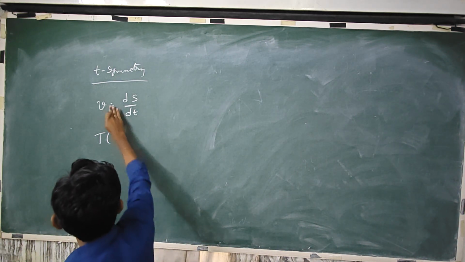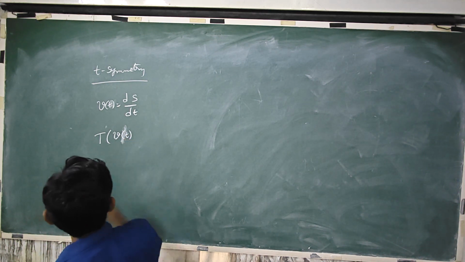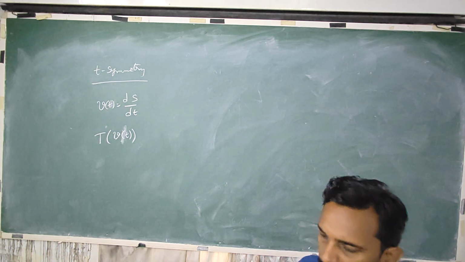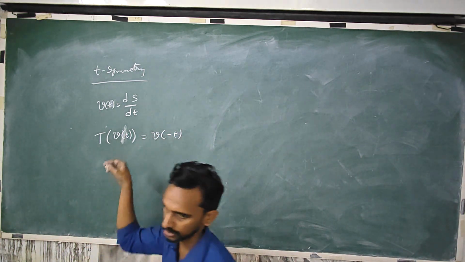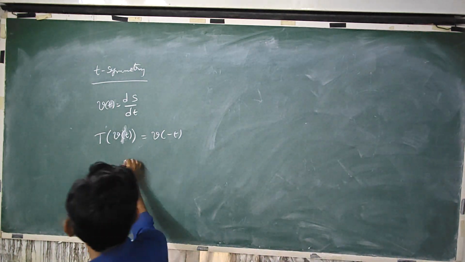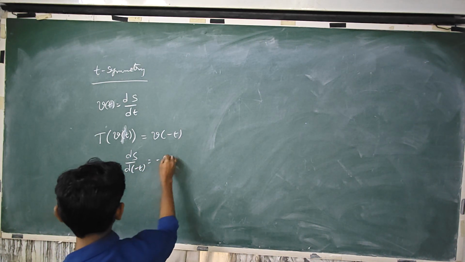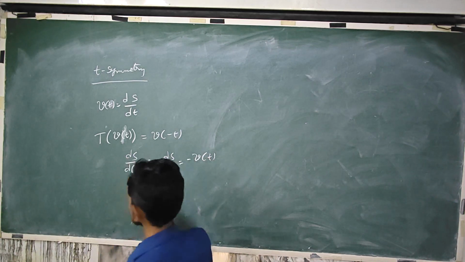Wherever you have time here, let's say v is a function of time. If you apply time reversal operation on v, you have to change the sign of t. So this is v of minus t. Wherever you find t, you have to replace it with minus t. So this becomes ds by d of minus t, which is minus ds by dt, which is minus v of t.